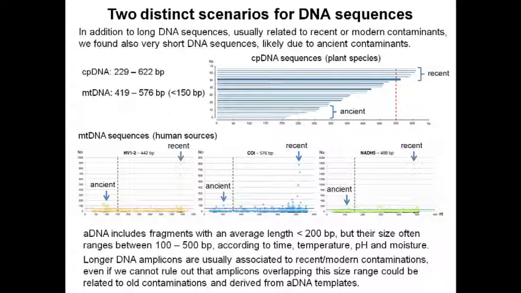So, longer DNA sequences are usually associated to modern, recent contaminations. Even if we cannot rule out that amplicons overlapping that size range could be related to old contaminations and derived from ancient DNA templates.